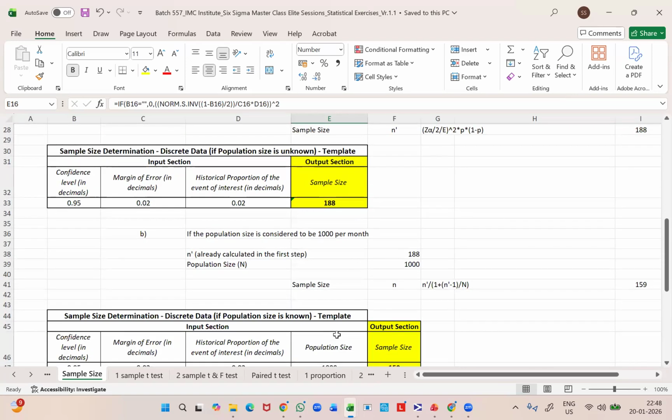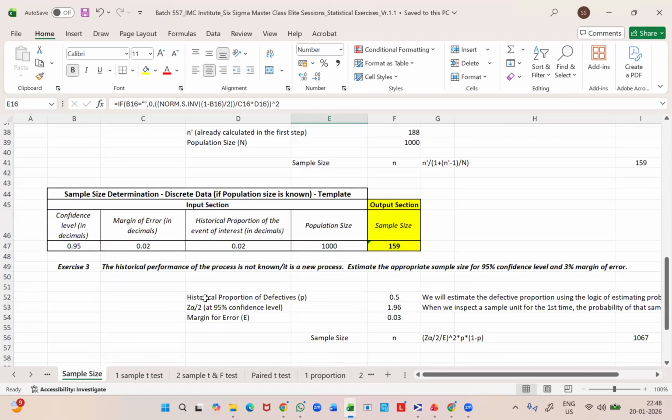And the third format could be a scenario wherein the historical performance is not known because it is a new process. So the historical performance of the process is not known because it is a new process. And you'll be asked to estimate the sample size just by providing the confidence level and the margin of error.